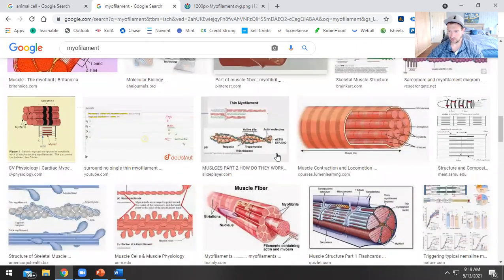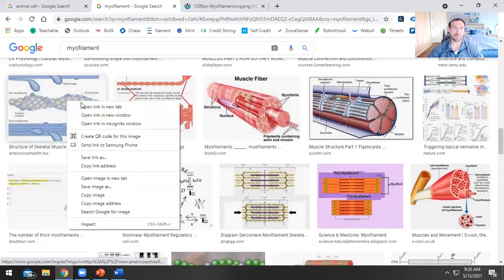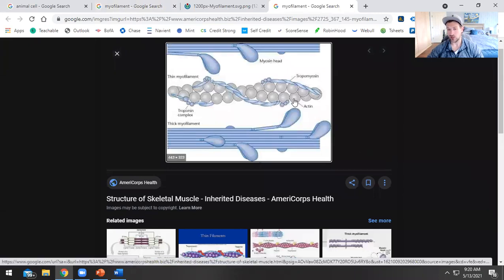Looking for the best picture I can find. There we go. Okay. So here's a really zoomed in picture of a myofilament. And you can see there's all these little heads that live here. And then there's all these little circles here. Those are all little binding sites. And so these heads want to reach up and grab these binding sites.